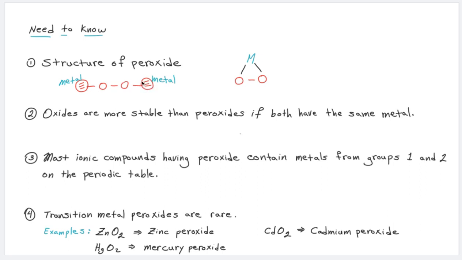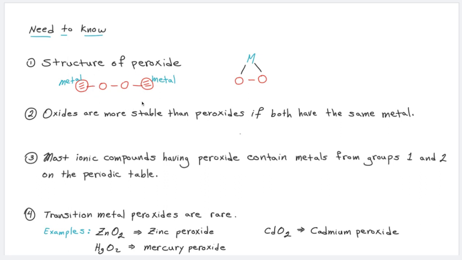It's going to be bonded here, and also here with something else. Because we're talking in this case about ionic compounds, that means that here we're going to have a metal, and also a metal on the other side, bonded to the other oxygen. So this is the general structure of a peroxide.